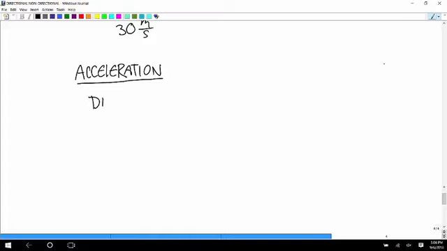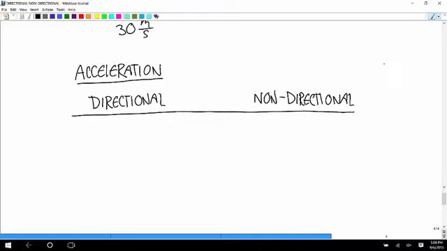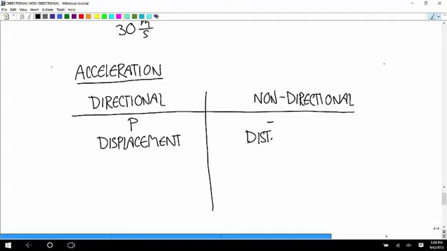If we're talking about directional versus non-directional, we have position, we have displacement, and displacement is related to the non-directional quantity distance.